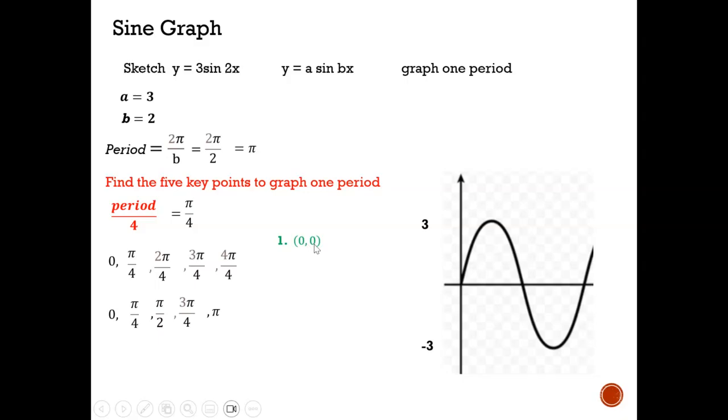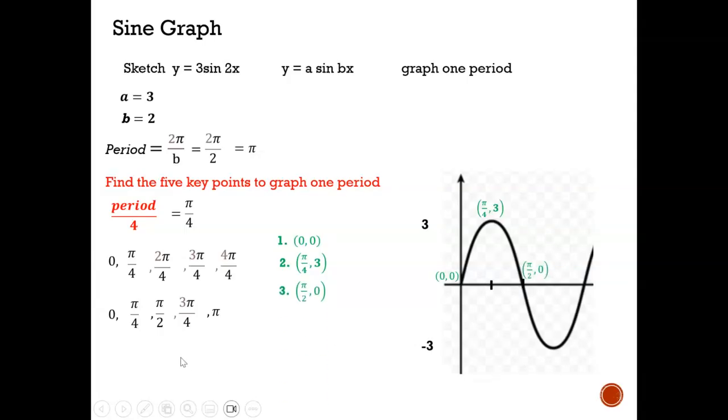Okay, now let's get the points. So again, we start with 0, 0. That's my first point. Then this point here is going to be pi over 4, 3. This will give us pi over 2, so it's going to be pi over 2, 0.